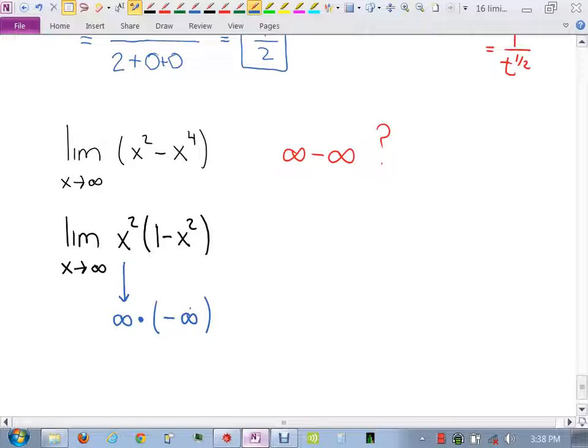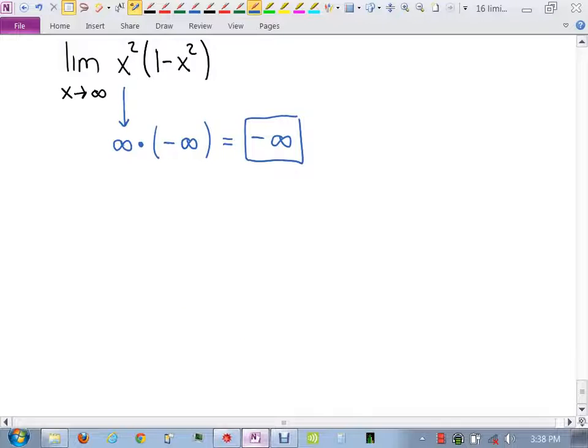If you do 1 take away an infinite number, it's going to be a negative large number. And now we have multiplication instead of addition and subtraction. So what's a huge positive number times a huge negative number? Huge negative. Negative infinity. So this one we needed to do a little factoring first, to turn the subtraction into a product.